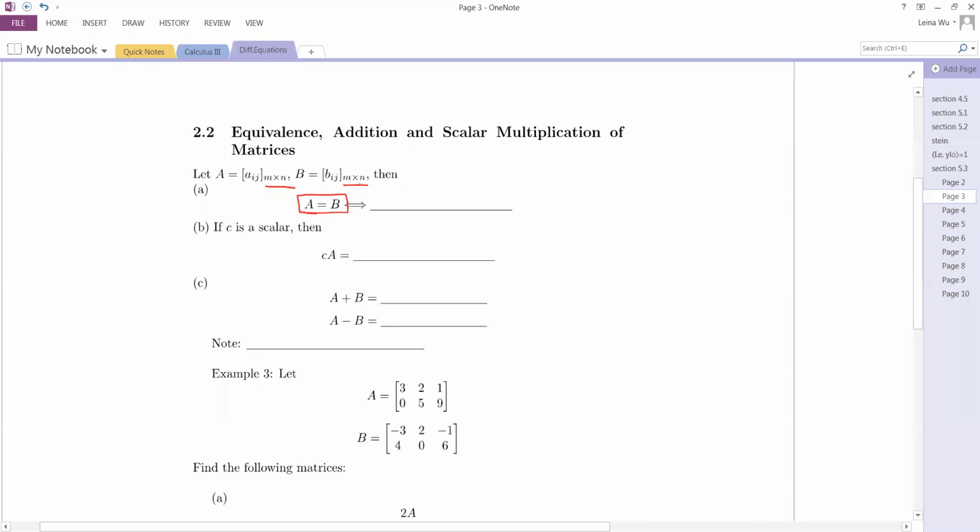Well, then I'm assuming they just need the same elements. They must have exactly the same elements, at i and j. So a sub ij should equal b sub ij for all i and j. For each position, they should have exactly the same entries. Good?